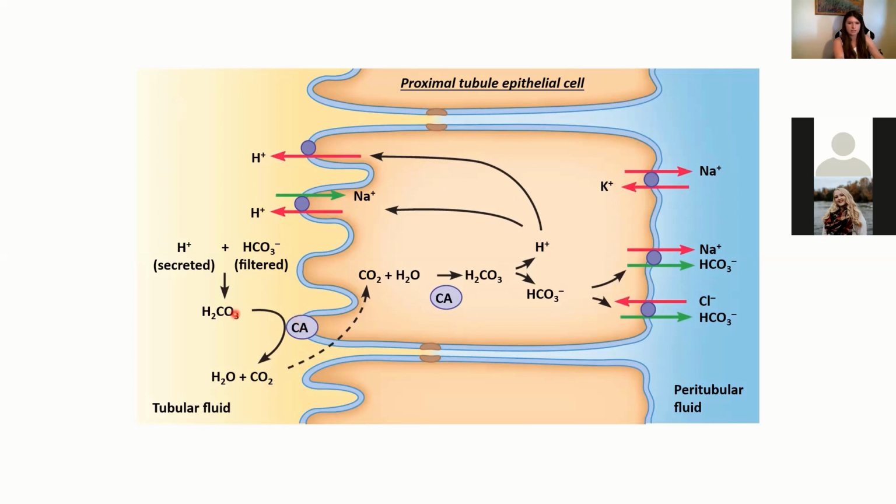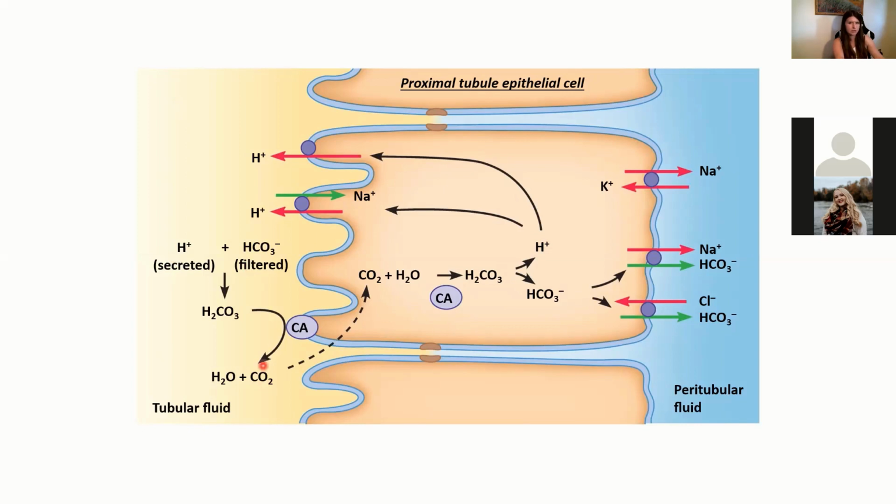So it then converts this into water and CO2. CO2 can dissolve directly across the plasma membrane. So we see just diffusion of carbon dioxide into our epithelial cell here across the apical membrane once we've converted basically our bicarbonate and hydrogen into CO2.